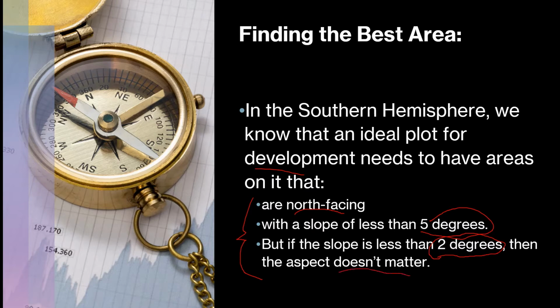It will be of no interest. So there are 3 conditions. We want an area facing north. If there is slope, it should be less than 5 degrees. If the slope is 2 degree or less, we will consider that as flat, and in that case the direction, the aspect would not matter.